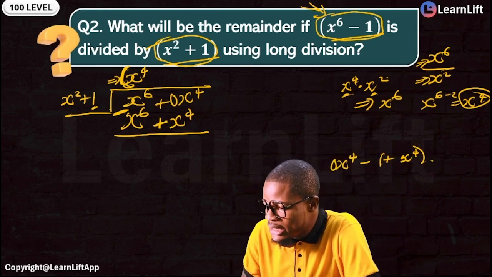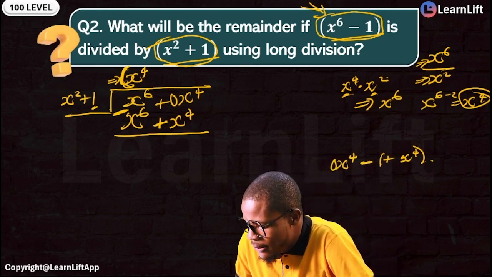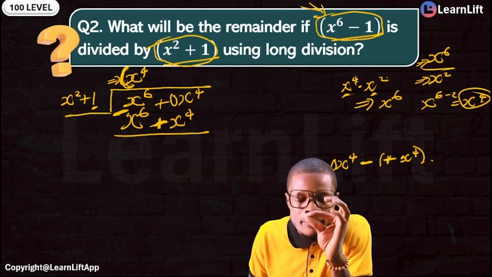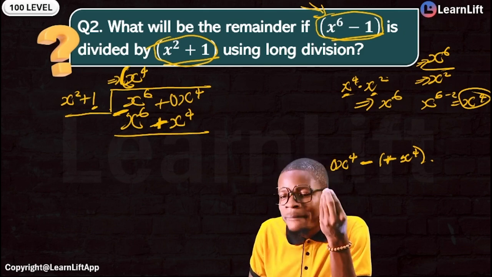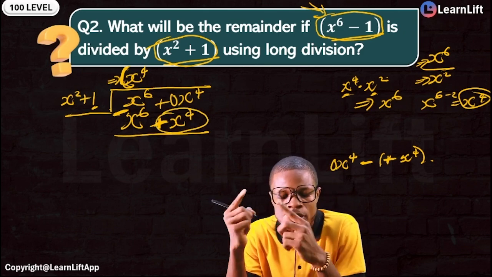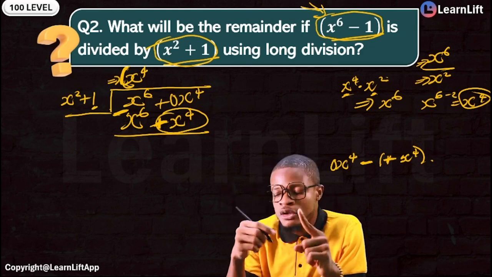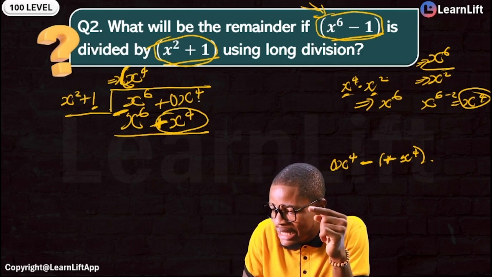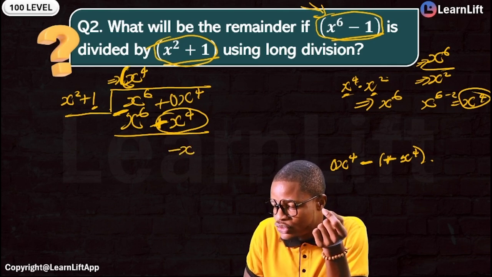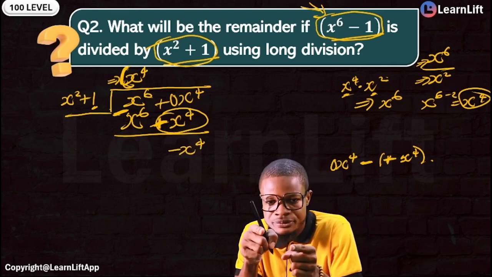But what you're going to do there is this. Take your minus times plus. What is it going to give you? Minus. So in your mind, view the whole of this as minus x raised to the power of 4. So minus x raised to the power of 4 plus this numerator side, 0x raised to the power of 4. What is it going to give you? That's minus x raised to the power of 4. That's what you will have there.